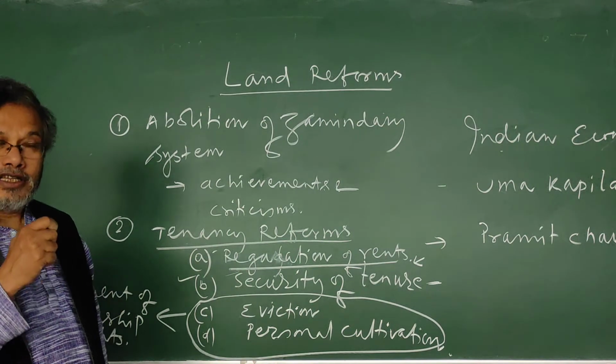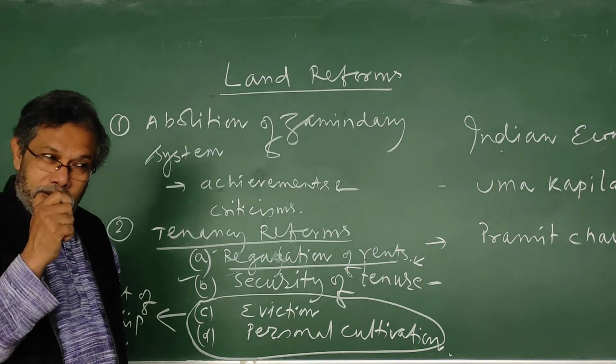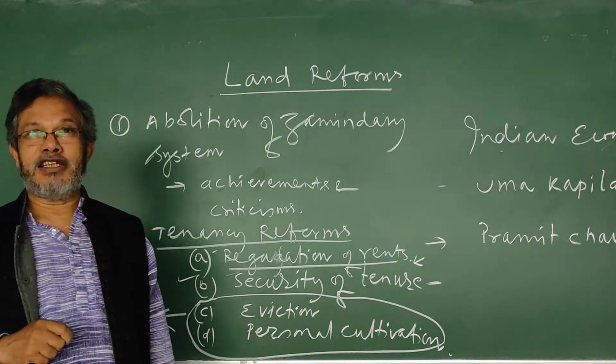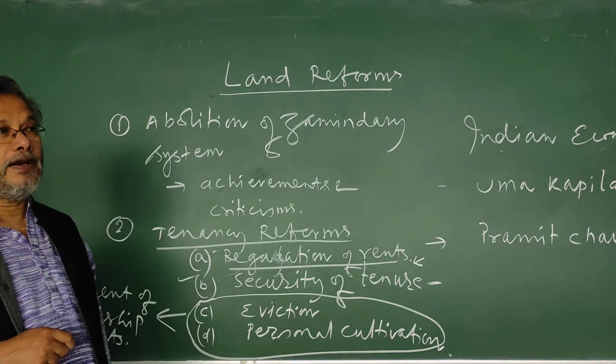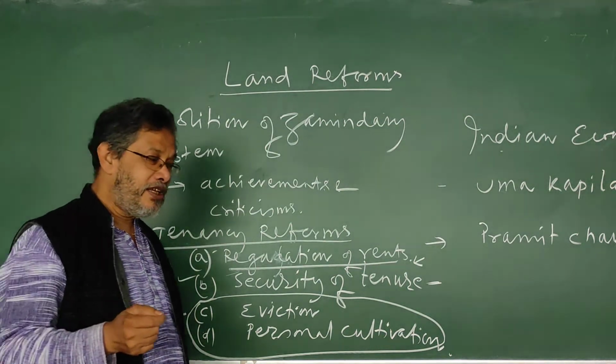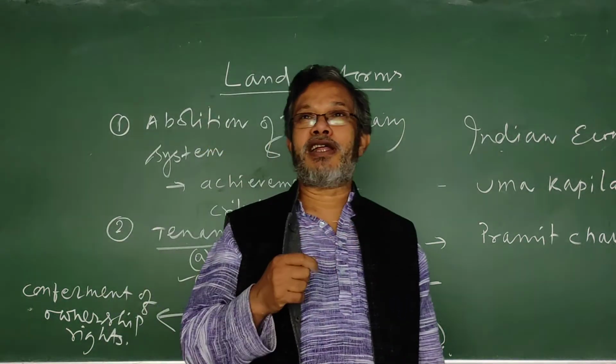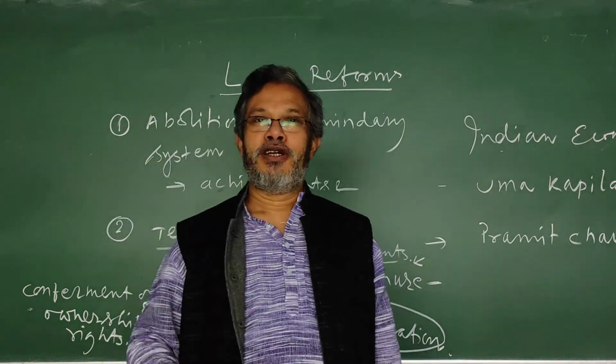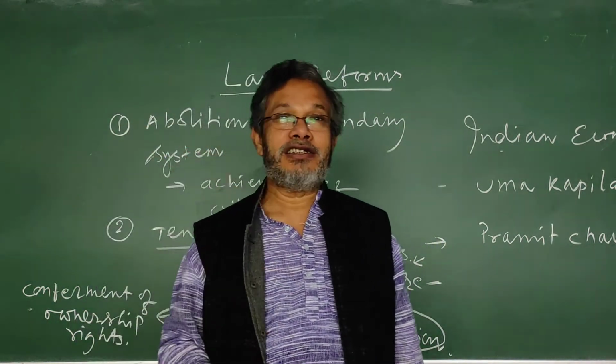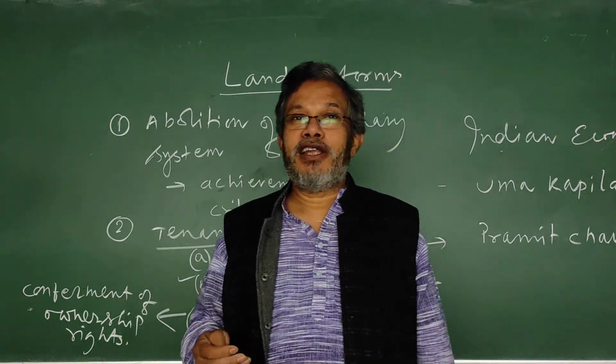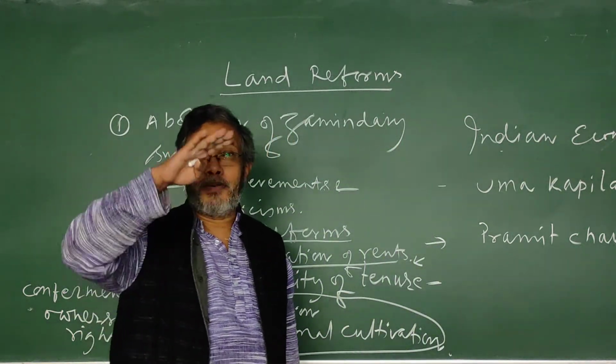Initially, it was per member of the family. That is, if there are 10 members in the family, each member can hold, say suppose 10 acres. Then 10 into 10, 100 acres of land is the upper limit.